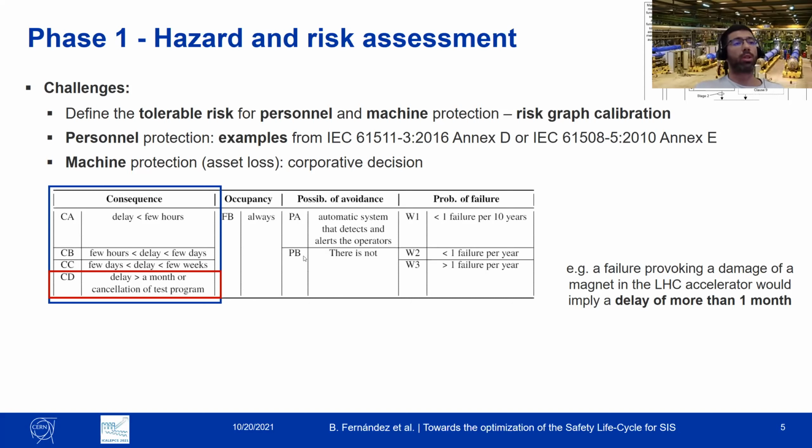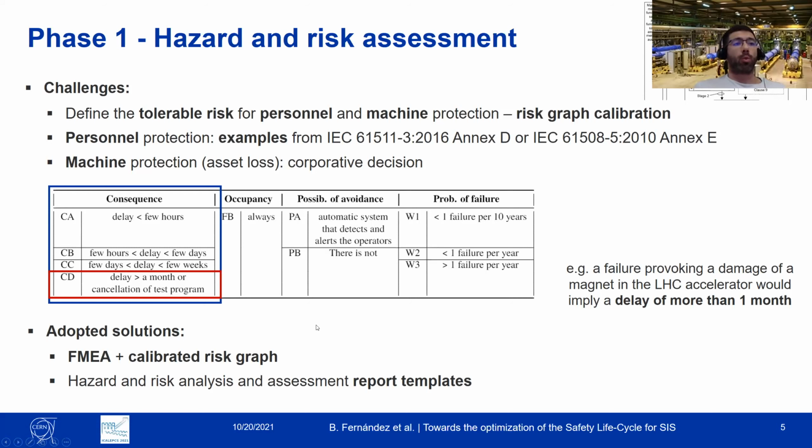This is obviously something that is not tolerable and is actually the worst case scenario in our calibration. So what have we done, to summarize, for this phase? For this phase, we used the failure mode and effect analysis together with the calibrated risk graph in order to estimate our target SIL, and we have created a report in place to standardize the documentation of this phase.